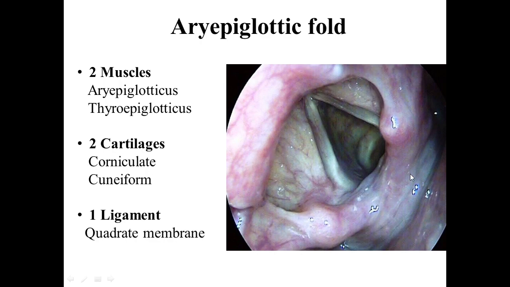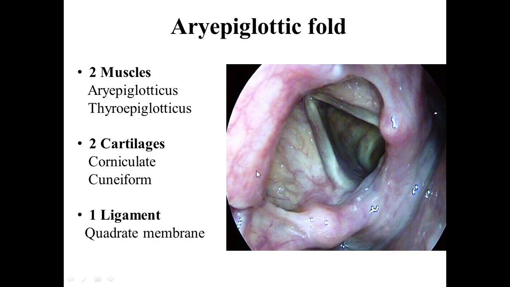Now here this is the endoscopic view of the larynx. This is the superior view. Here you can see the epiglottis. Posteriorly there are the arytenoid cartilages, and between the two arytenoid cartilages is the interarytenoid fold of mucous membrane.